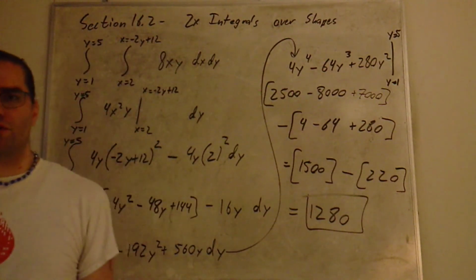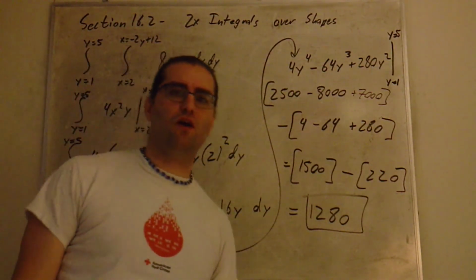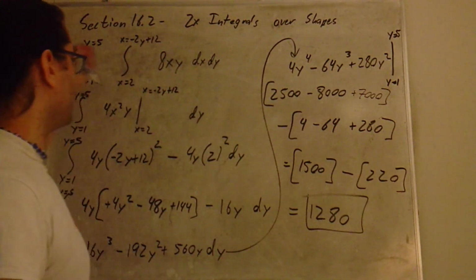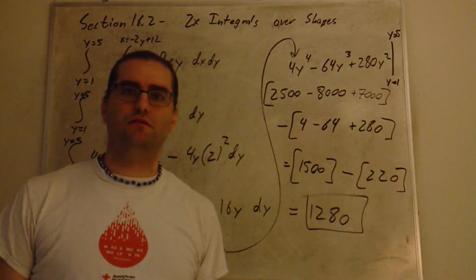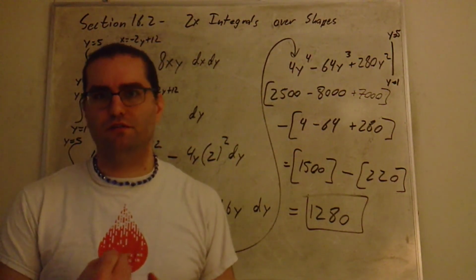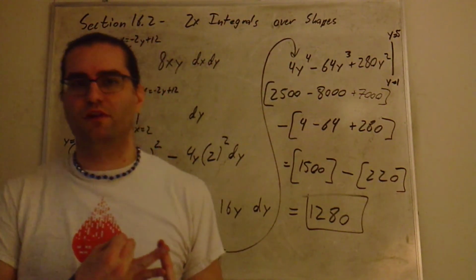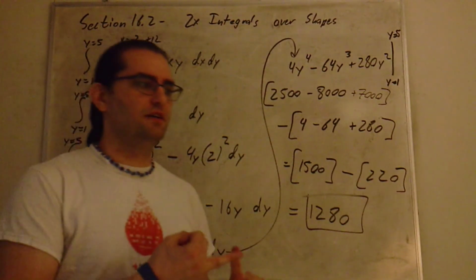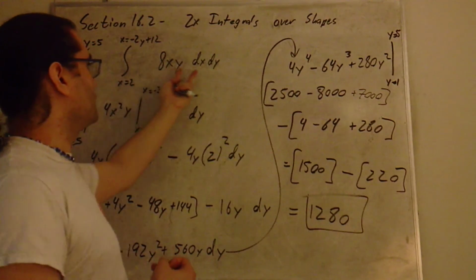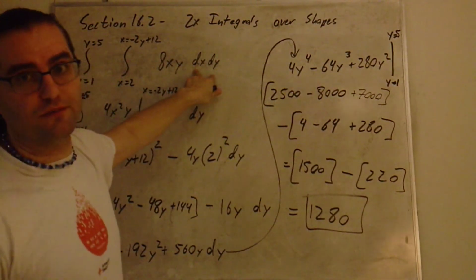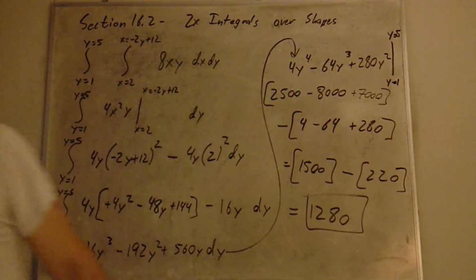There's 12 homework questions for this section, and they're not all start to finish, set up the integral and evaluate the integral. A lot of them are just set up the integral. A lot of them are just evaluate the integral. Some of them are, here is an integral, set up what the integral would look like if you switched the order. So those problems are fun.